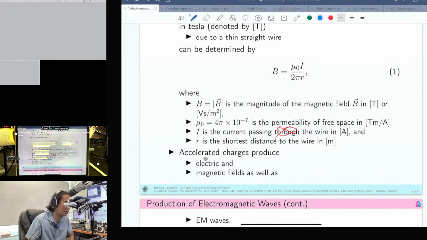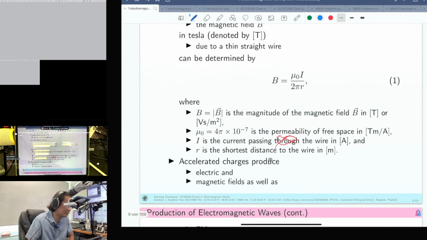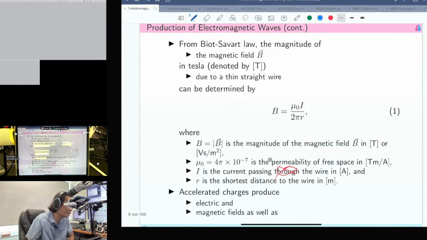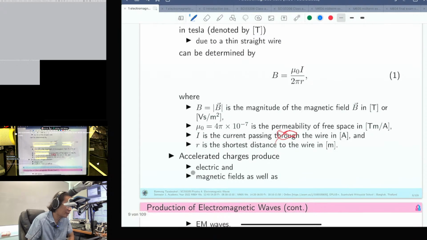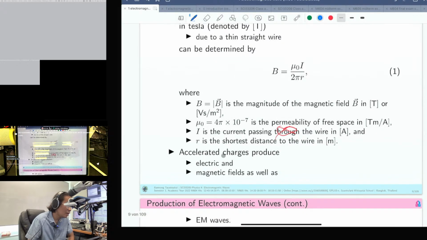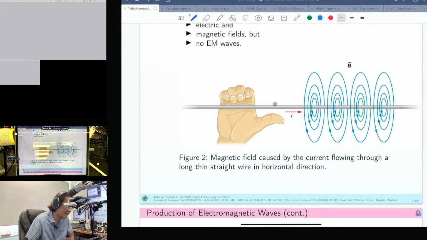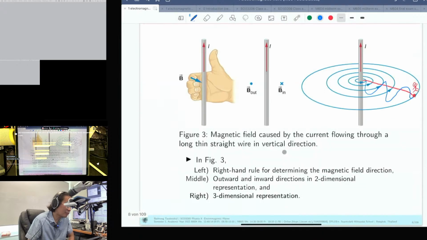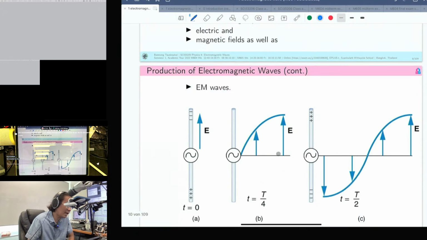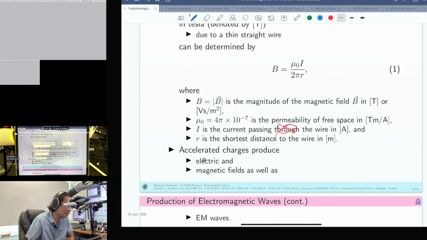So accelerated charges are the source of electromagnetic waves. When the charge is moving with a constant velocity like this, we would not have an electromagnetic wave. But if there is an acceleration of the charge, of course there will be an electric field, right?